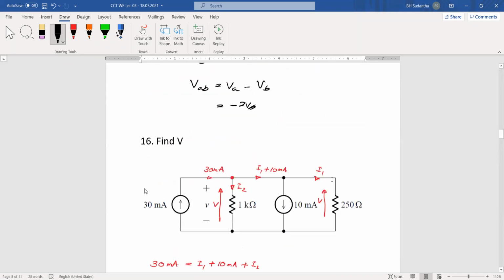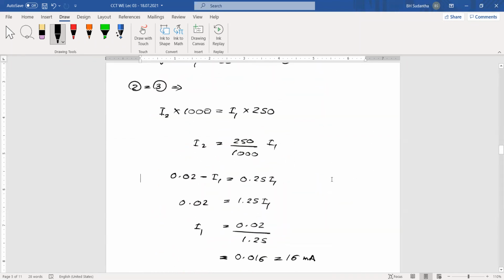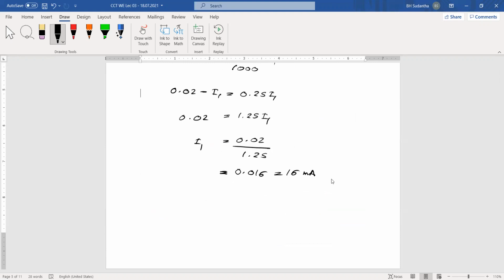Then we can find V. Consider the 250 ohm resistor.